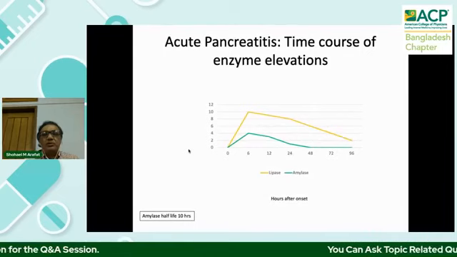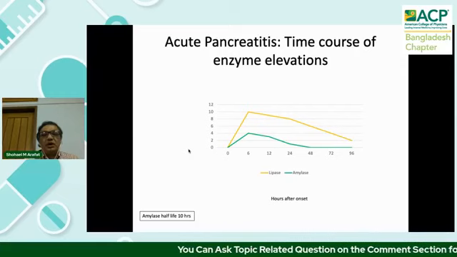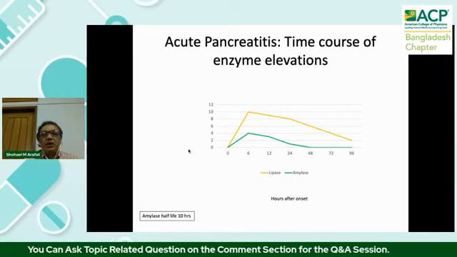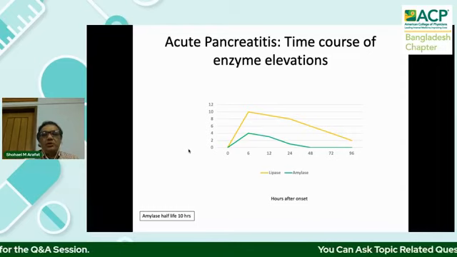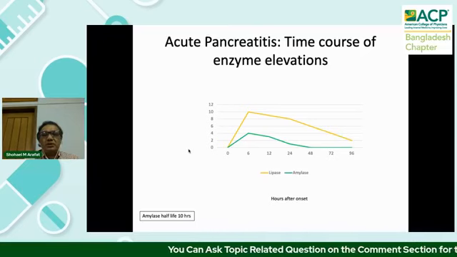If we compare the enzymes, both start almost in the early part of pancreatitis, but amylase comes down a little earlier. So in the later phase of acute pancreatitis, it is not a good tool to establish diagnosis. This is the problem with amylase.